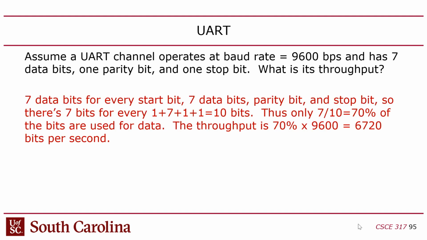So there's 7 bits for every 10 bits, which means 70% of the total bits are used for data. The throughput is 70% times 9600, which is 6,720 bits per second.